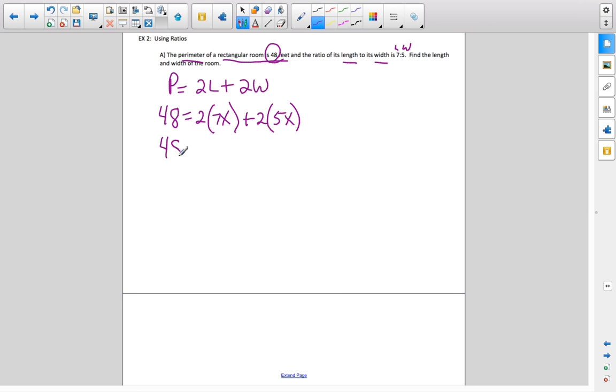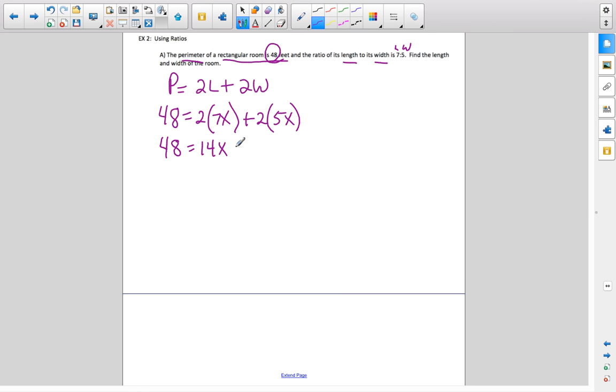When I multiply out, 2 times 7x is 14x, and 2 times 5x is 10x. When I combine my like terms, I get 14 plus 10, 24x. Then when I divide both sides by 24 to get x by itself, I find out x equals 2. Does that answer my question? No, the length of the room is not 2, the width is not 2, but I'm going to plug it into this equation.